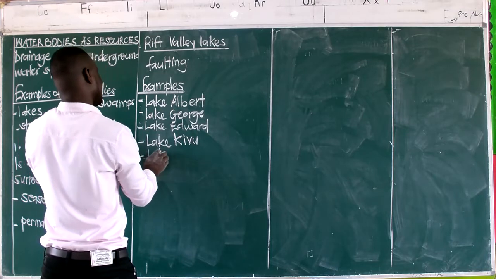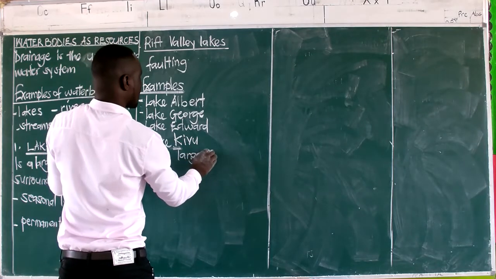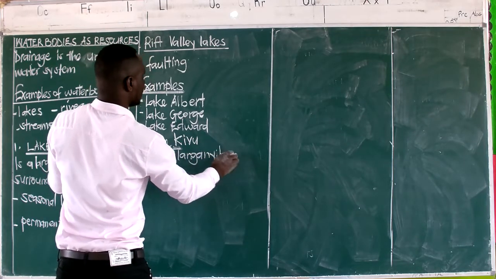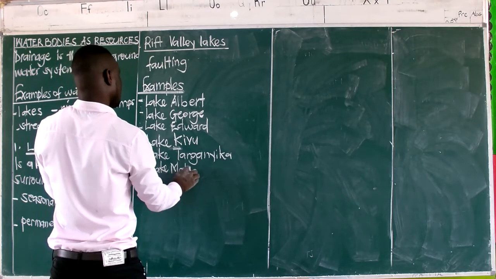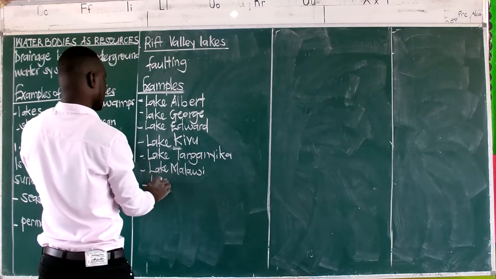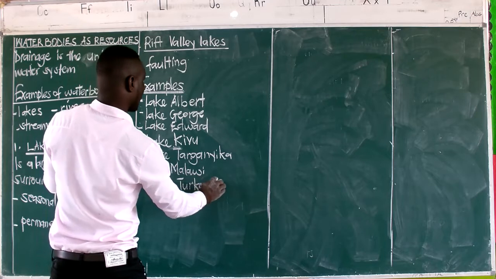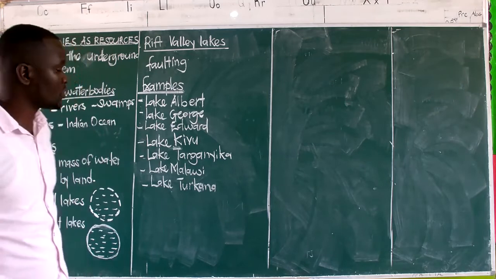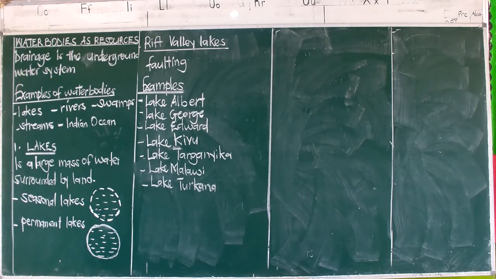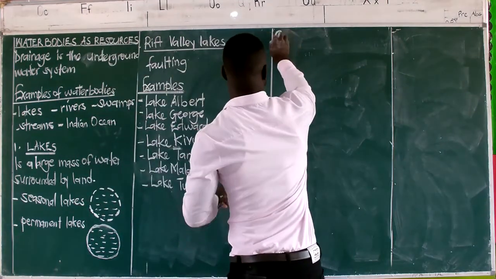We have Lake Tanganyika in Tanzania. We have Lake Malawi, and then we shall also be having Lake Turkana. Lake Turkana, a Rift Valley lake in Kenya. So those are the examples of the Rift Valley lakes that we have in East Africa. Remember, these Rift Valley lakes were formed as a result of faulting.